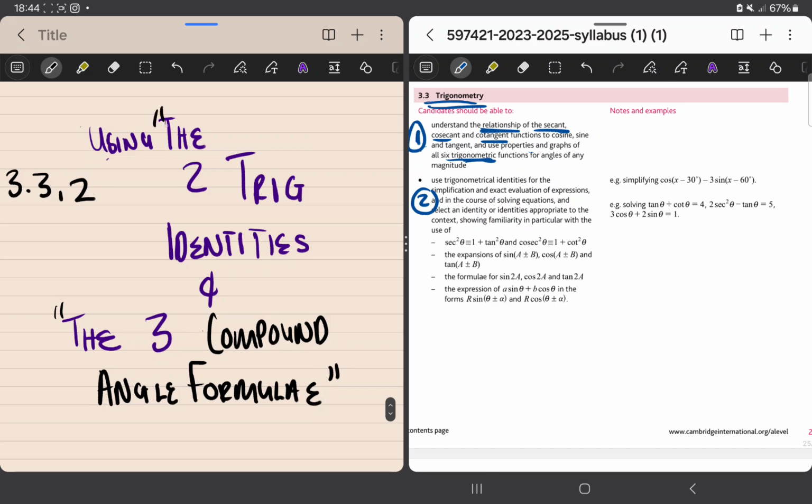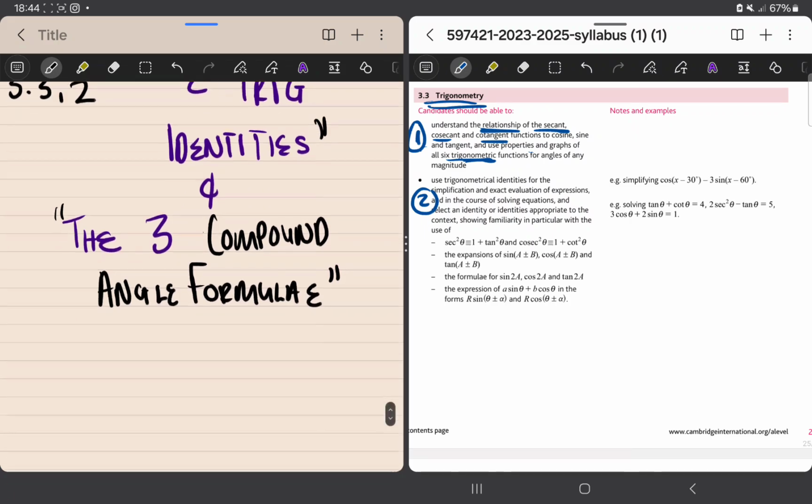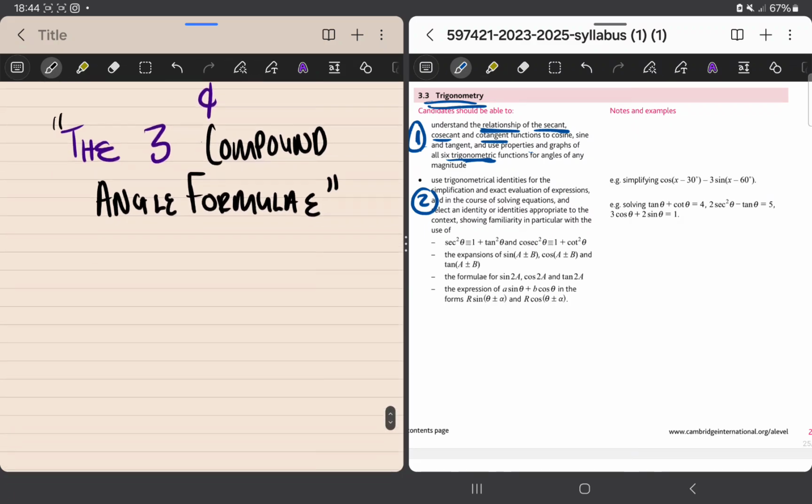So we are using the 2 trig identities and the 3 compound angle formulas to solve equations.